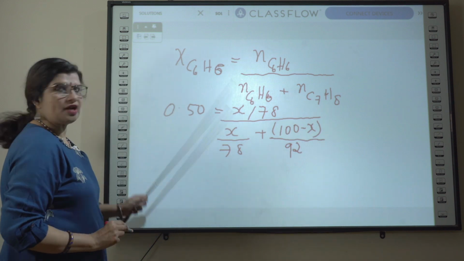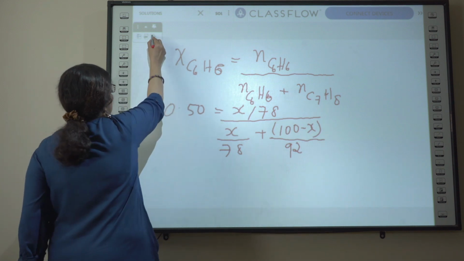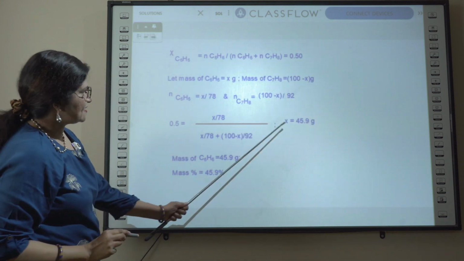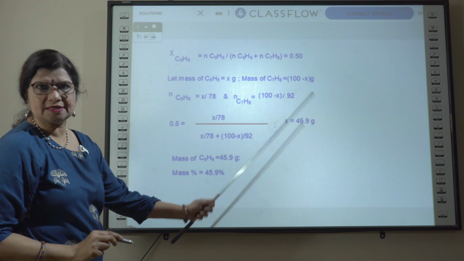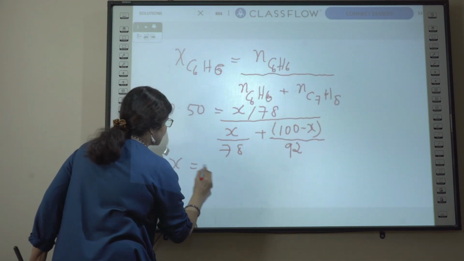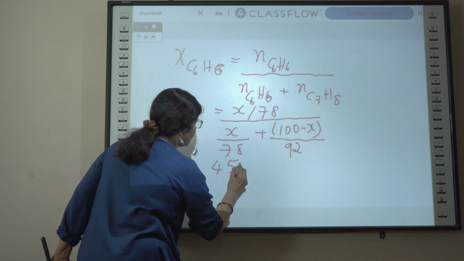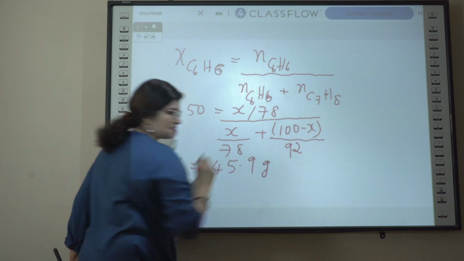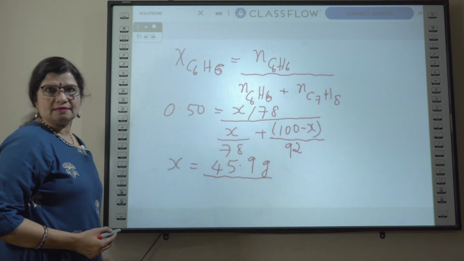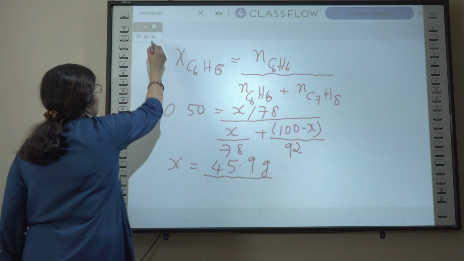Now you solve for X. So we get the value of X as 45.9 grams. So we got the mass of benzene. X stands for the mass of benzene.